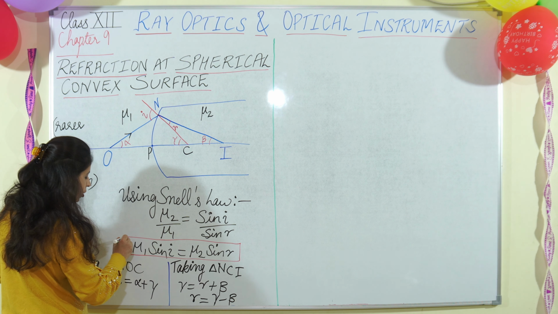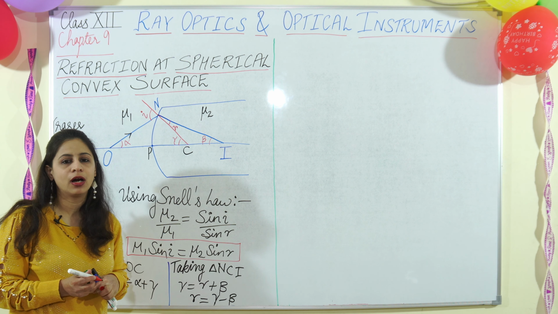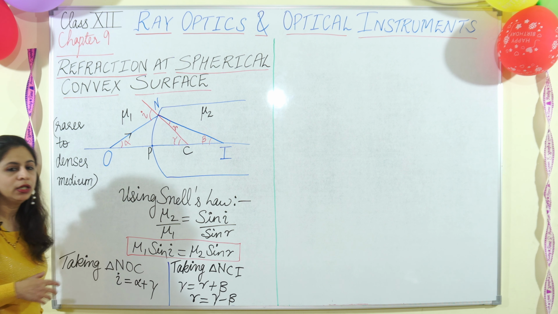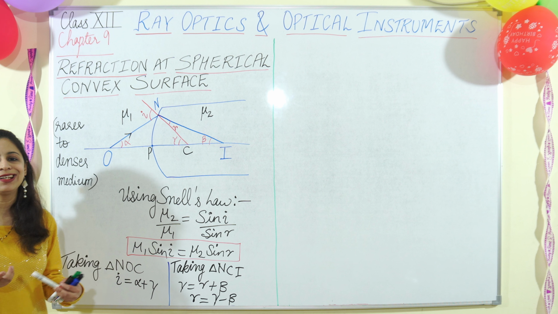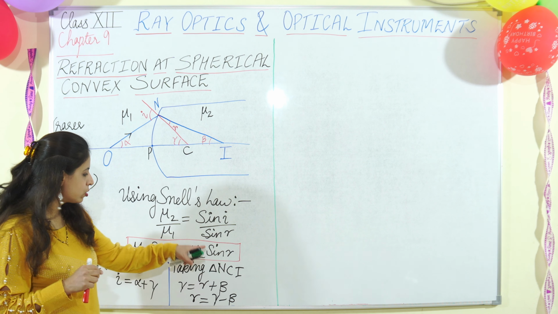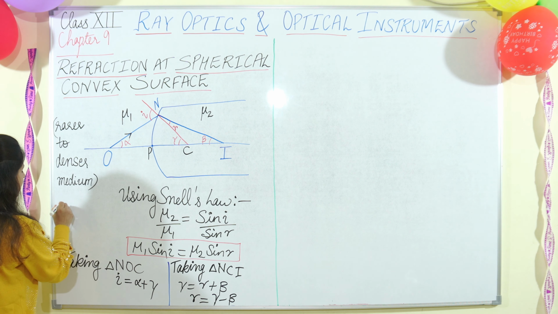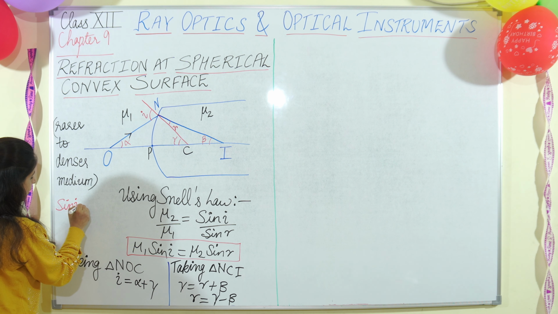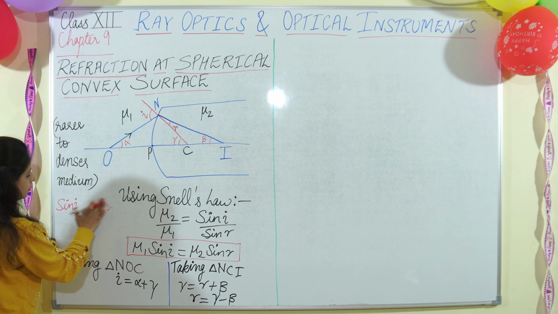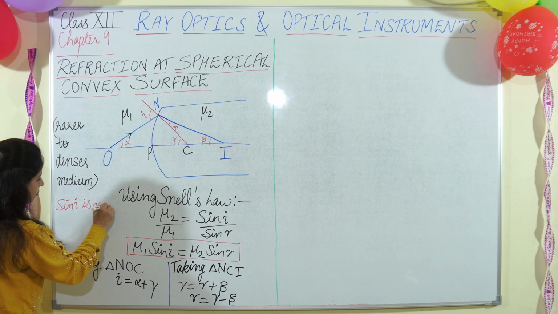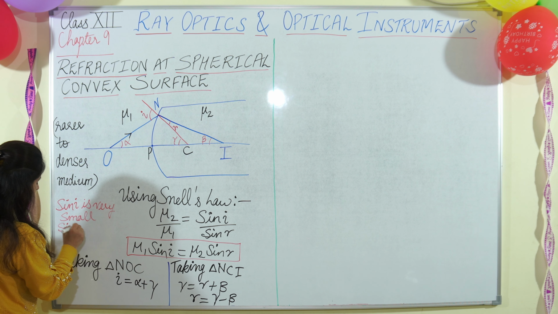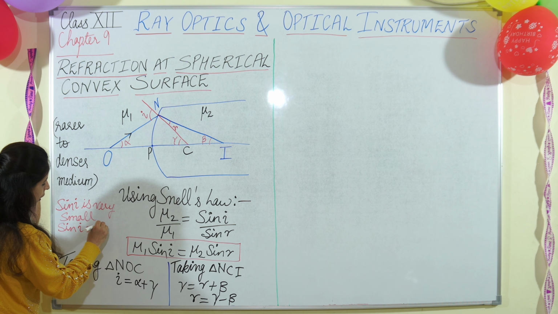Okay. So from here, if we see this equation, we find that i and r are very small. So sine i can be taken as nearly equal to i, because the angle is very small, so the value comes out to be very small. Also r is very small. So since i is very small, sine i can be taken as equal to i.